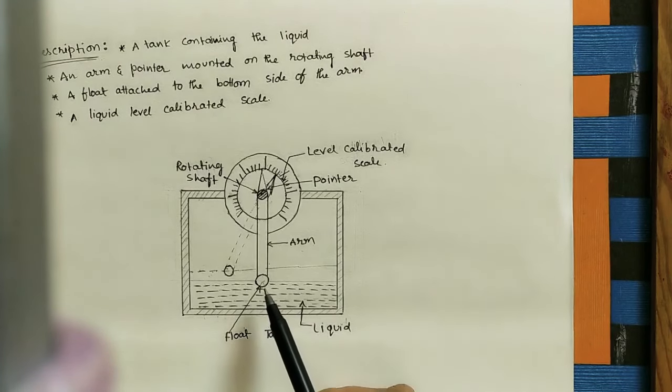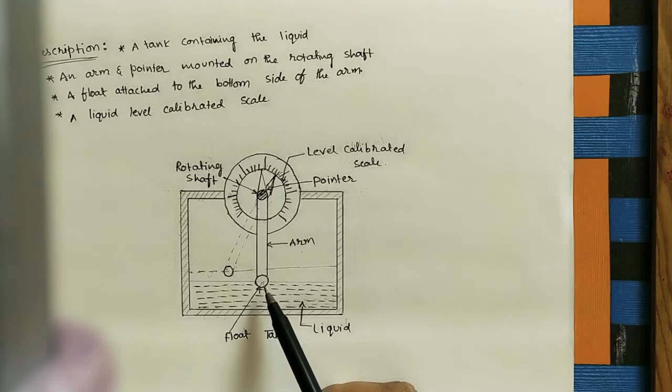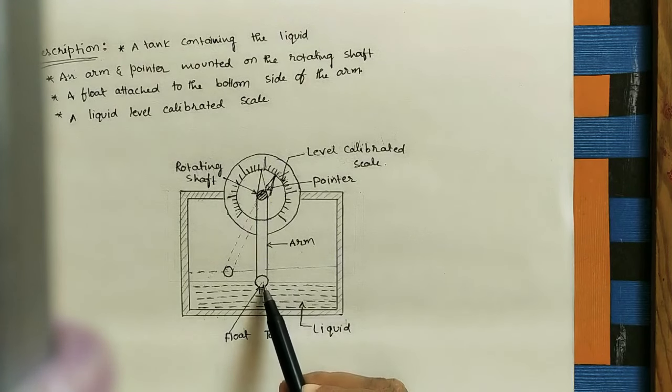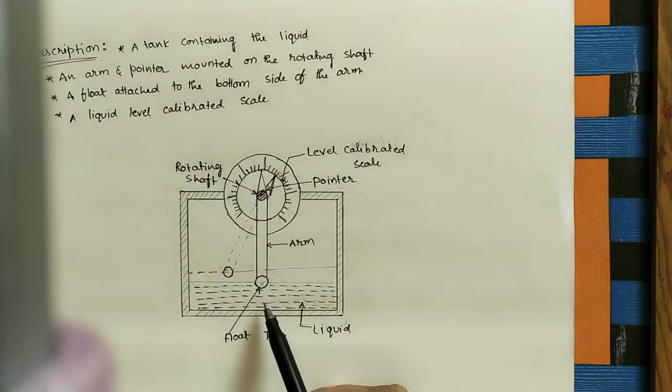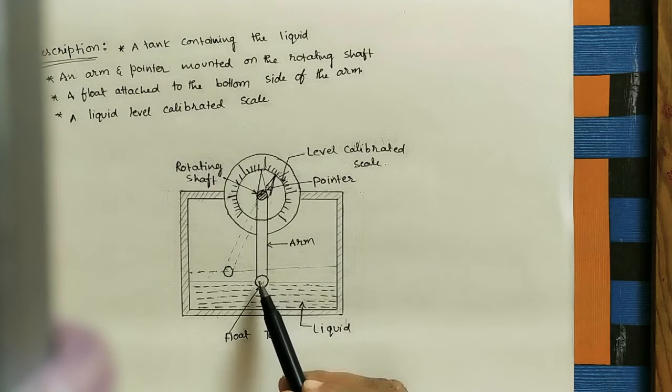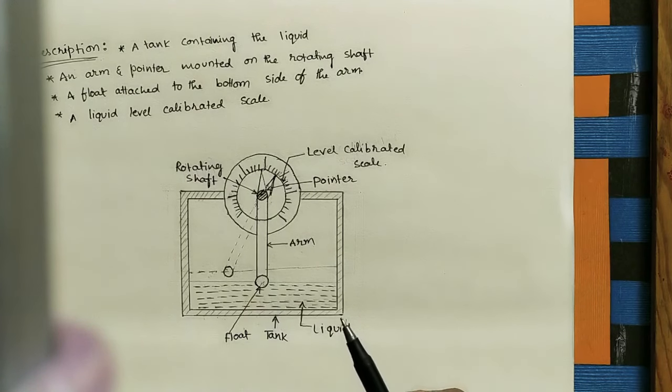If you look at the material of this float, this material is either synthetic or ceramic or metallic. Whatever material we are using for the float, it should not corrode easily with this liquid. So we have to make this float with non-corrosive material.